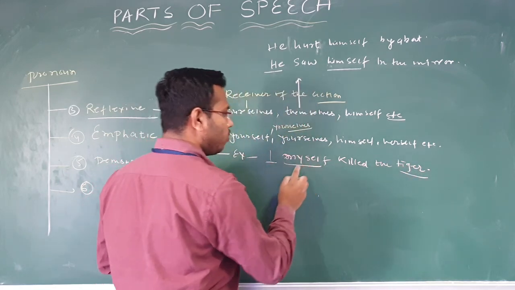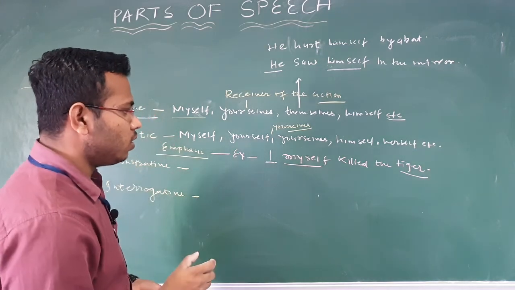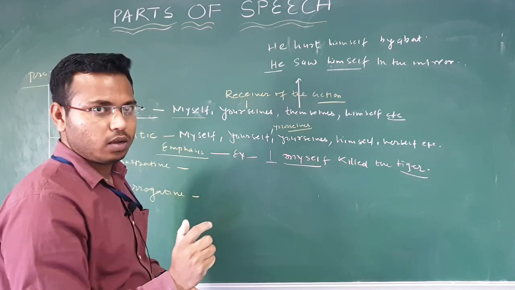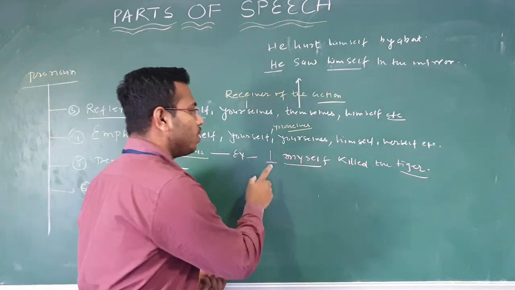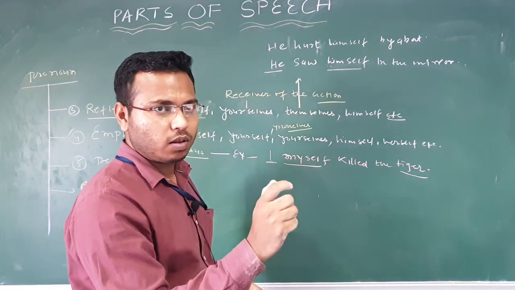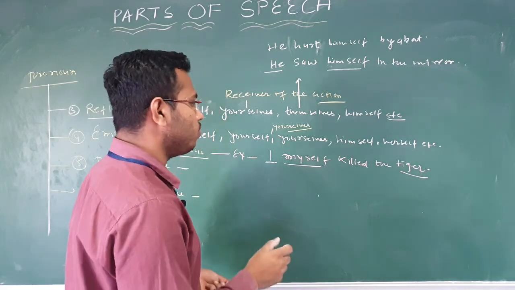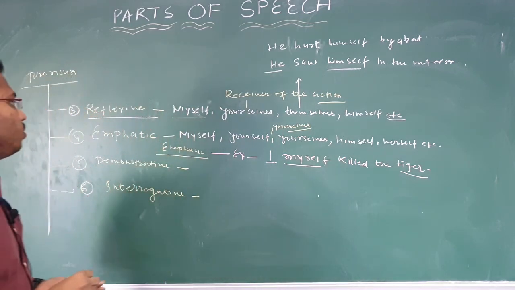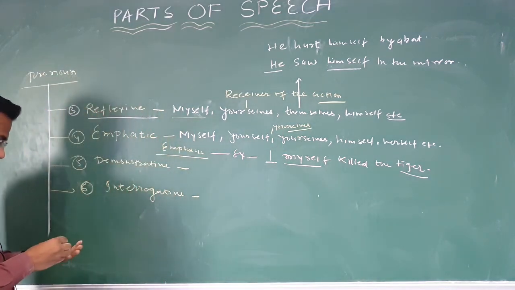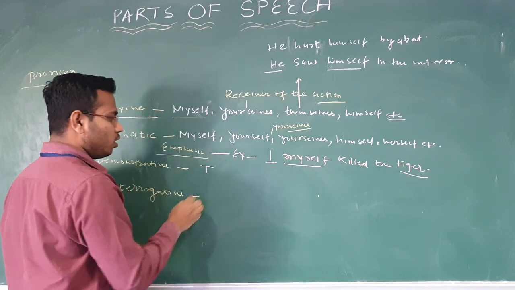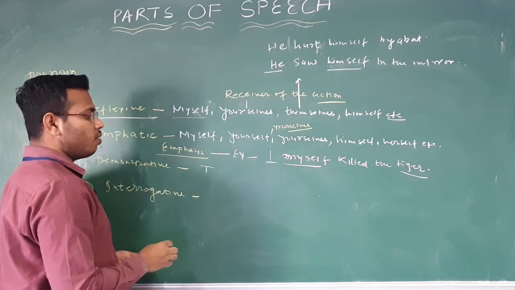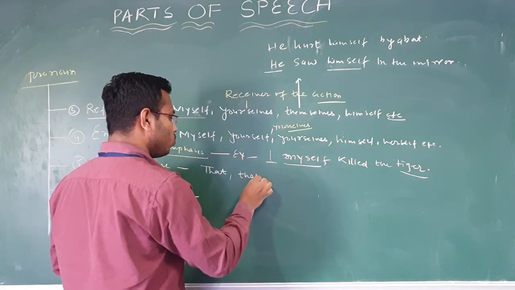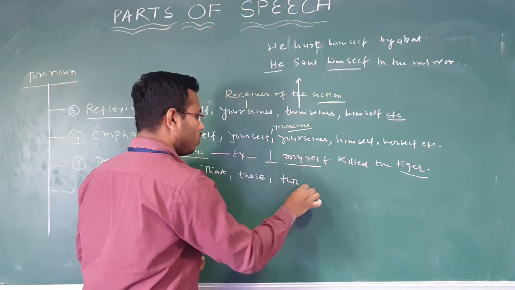So I myself means this sentence shows us that he was not willing to kill a tiger, but he has done it. So I myself means he is making emphasis on himself, that he himself killed the tiger. So this is the basic difference between reflexive and emphatic. Further we have demonstrative. Demonstrative means some words that point out objects. For example, that, those, this, these.